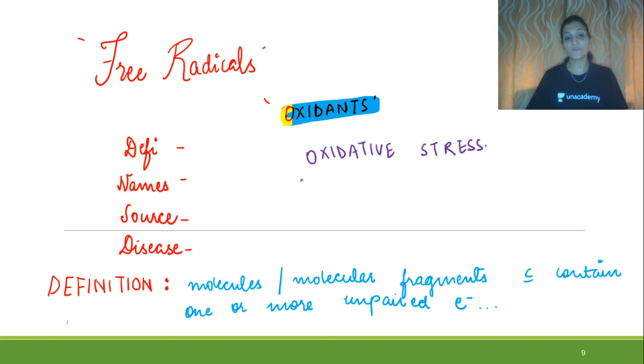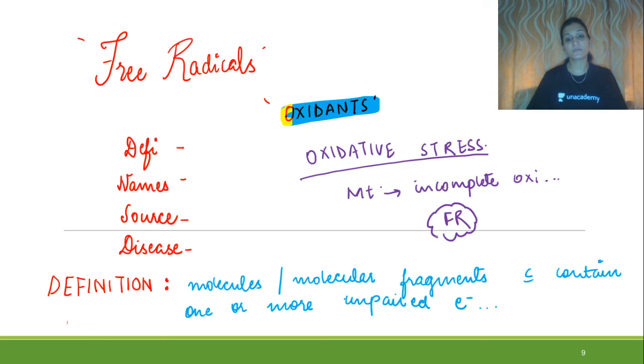Because of this oxidative stress, it will affect the mitochondria and will cause incomplete oxidation. Because of incomplete oxidation, it will lead to the formation of free radicals, right?